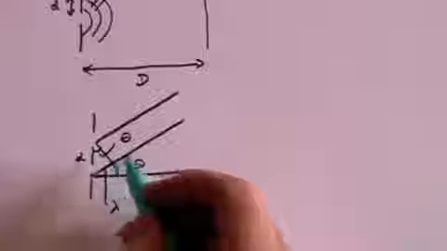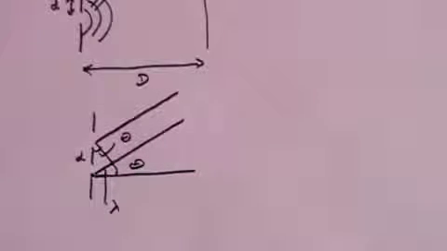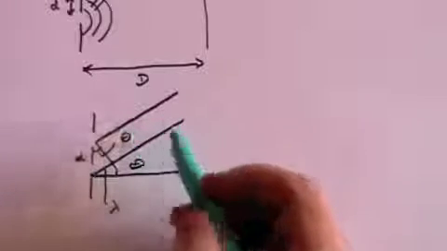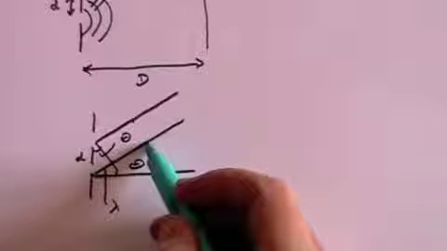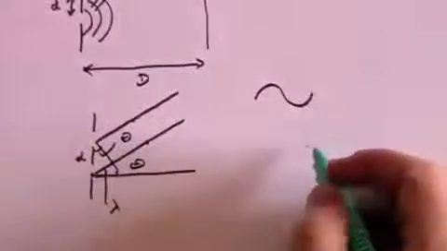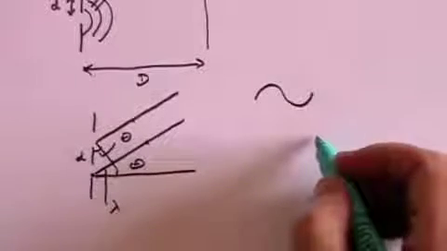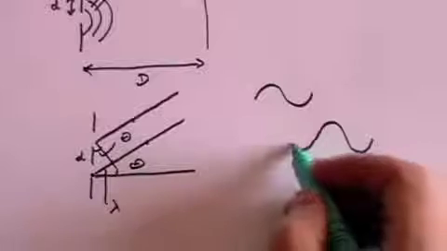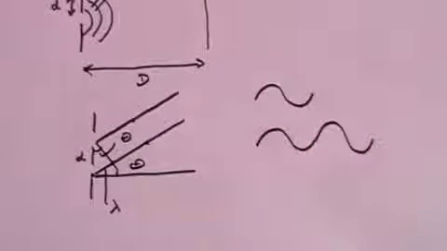That is the distance from here to here. What do we know? We know that this light beam and this light beam are exactly one wavelength apart. So we will have a wave like this, and then we will have another wave like this. In other words, they will be in phase, but simply one whole wavelength apart.